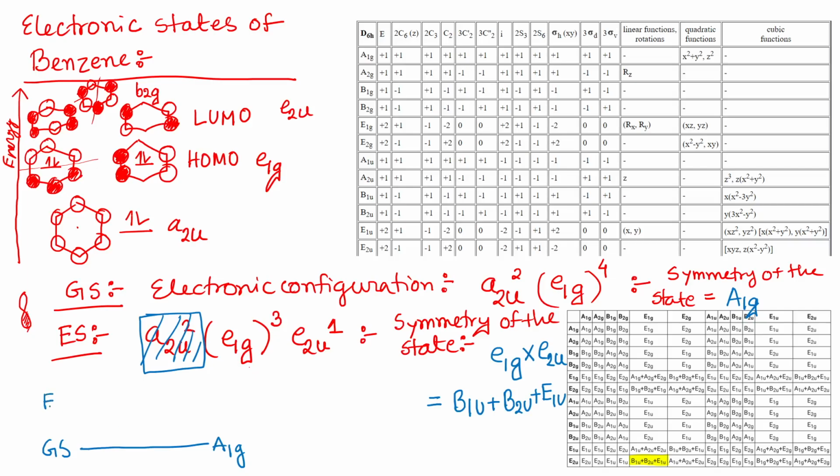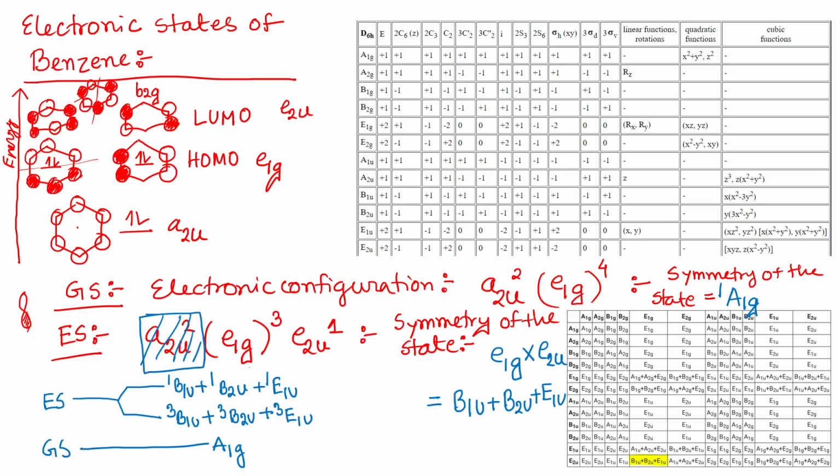In the excited state, it can be singlet B1U plus singlet B2U, and obviously it is also singlet, as you can see, since all these spins are paired up in the ground state. And it can be another triplet B1U plus triplet B2U plus triplet E1U, right?